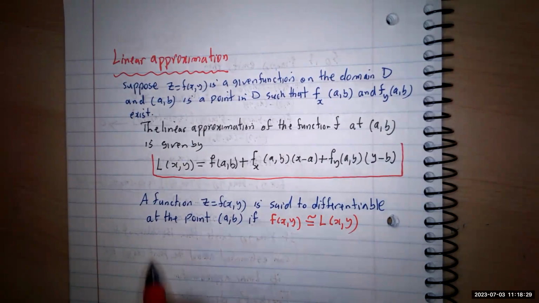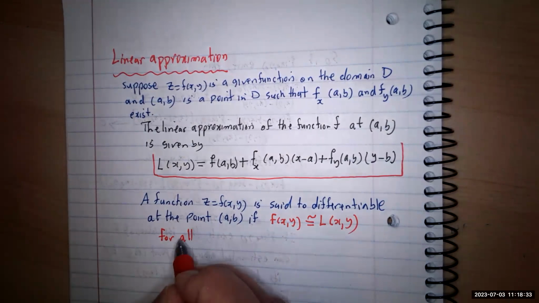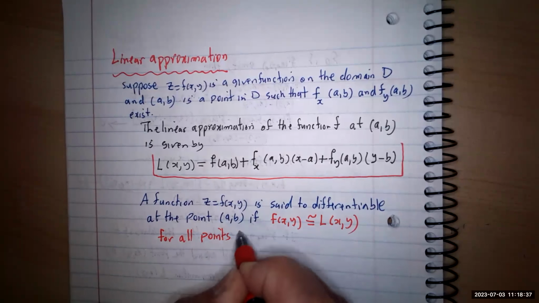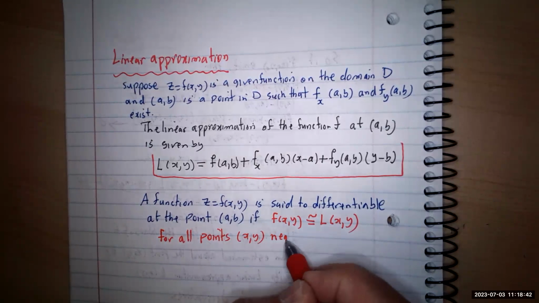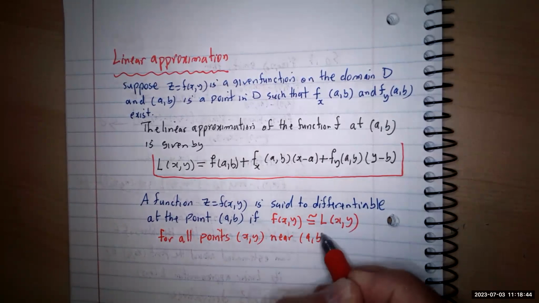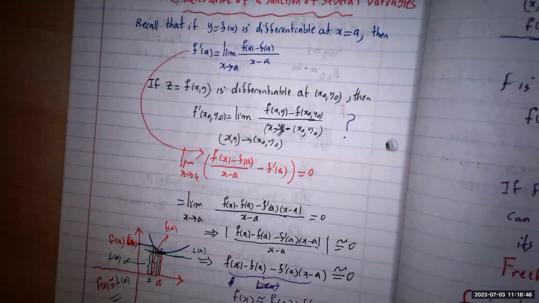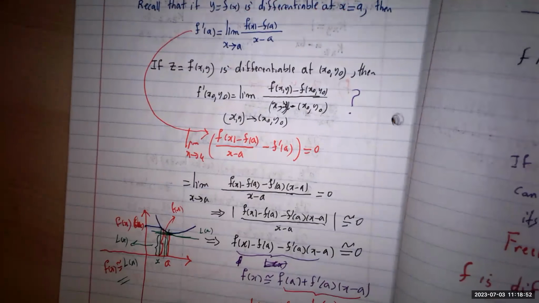You see, if this is true around that point, for all points (x, y) near (a, b), exactly the same thing you did before.